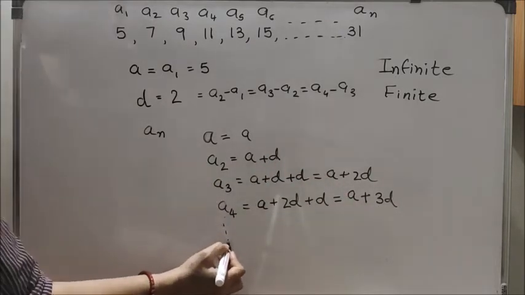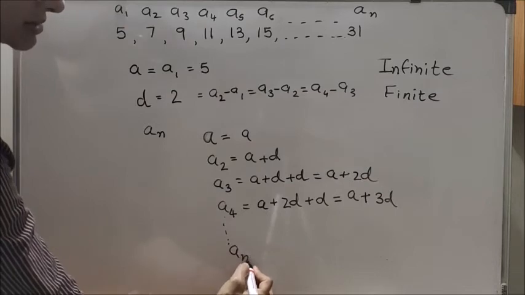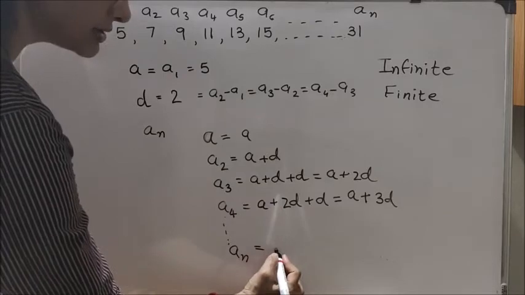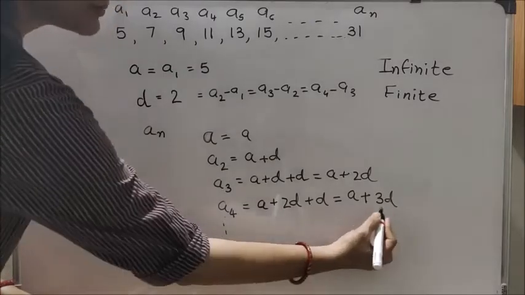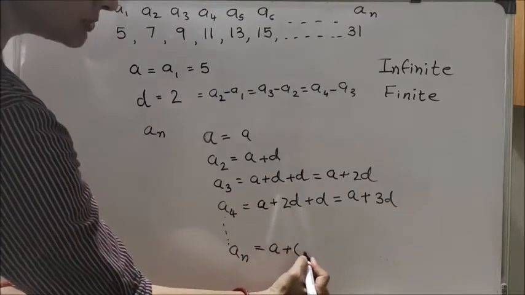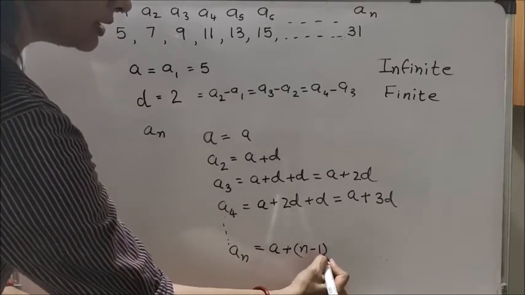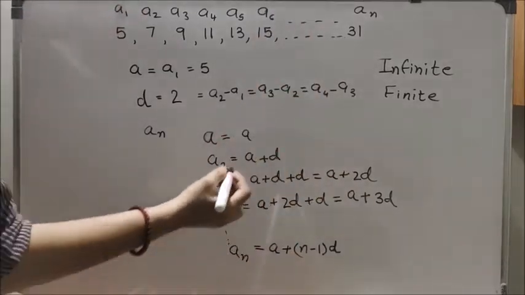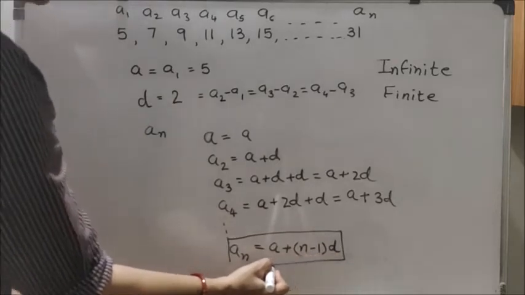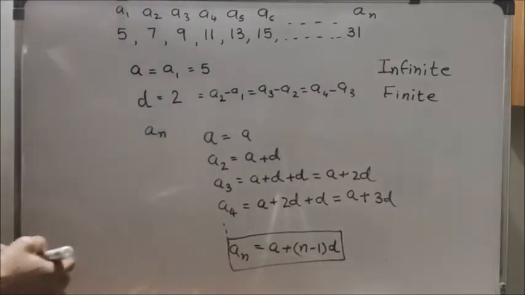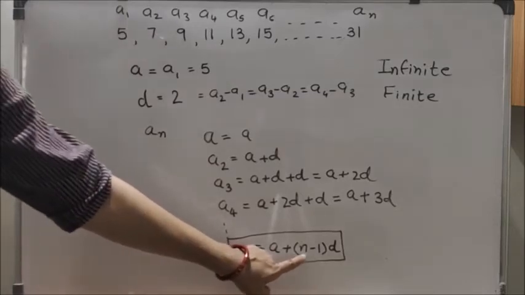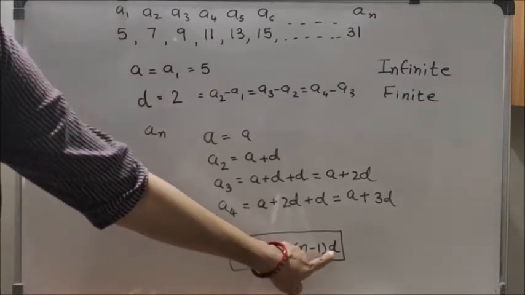So if we want to find what will be the nth term of a sequence, then we can write it as A plus, in place of 4 here it was 3, so in place of n, here it will be n minus 1 into D. So this is a formula using which you can find nth term of any sequence, provided you know the first term, you know which term we need to find out, and you know the common difference.